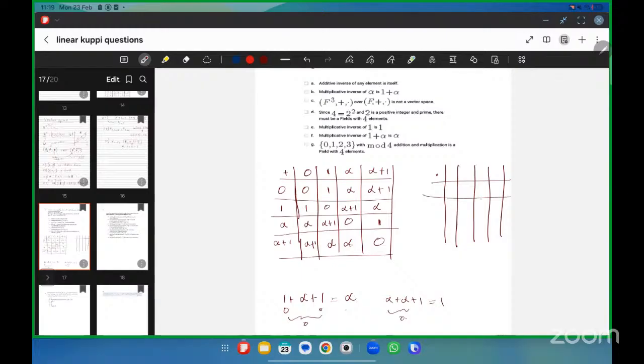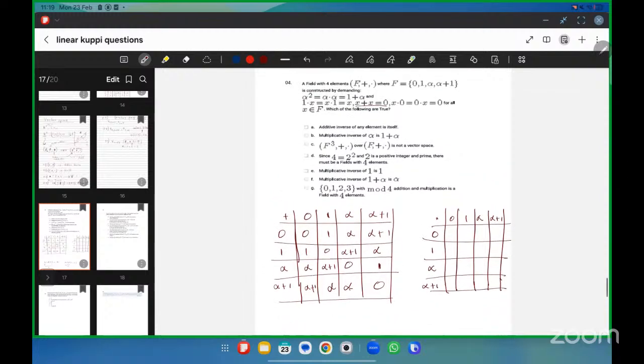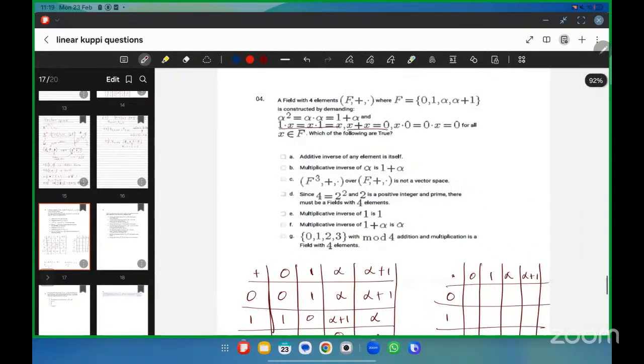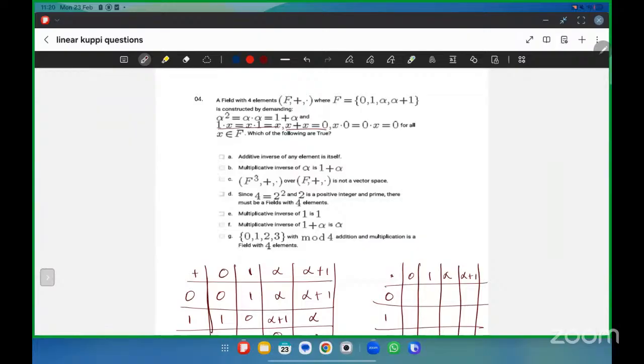And for the dot table, with elements 0, 1, alpha, alpha plus 1, they give some conditions. 1 dot x is equal to x dot 1 is equal to x, so the identity element is 1.